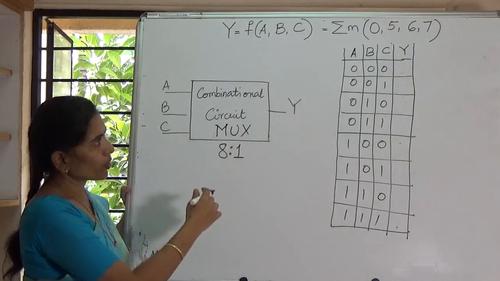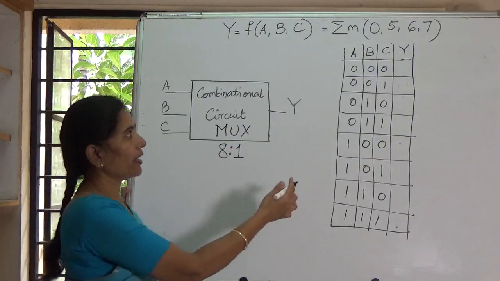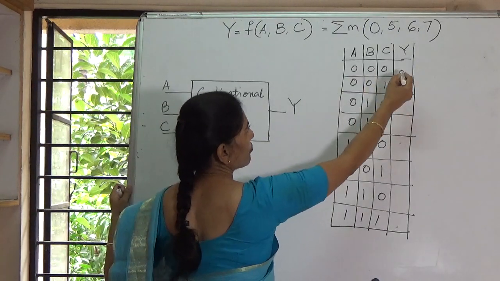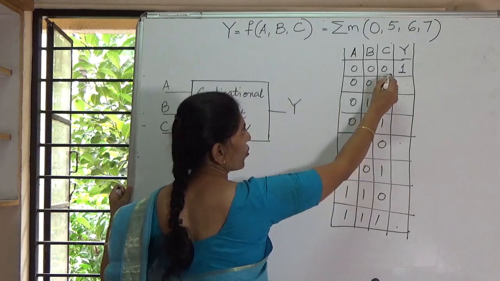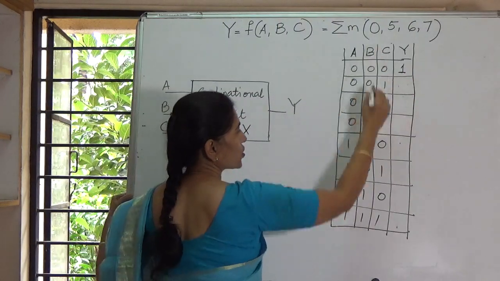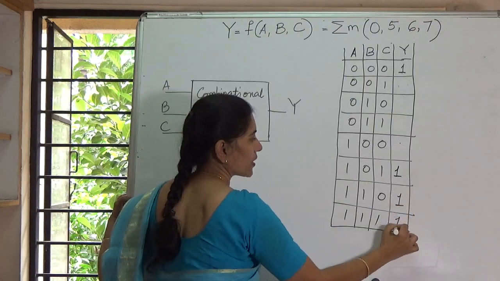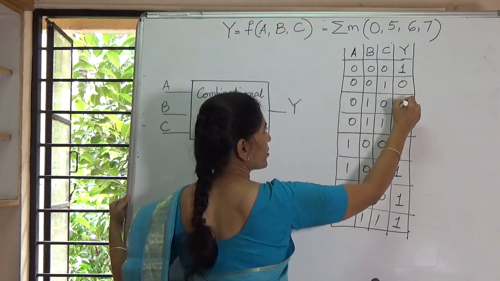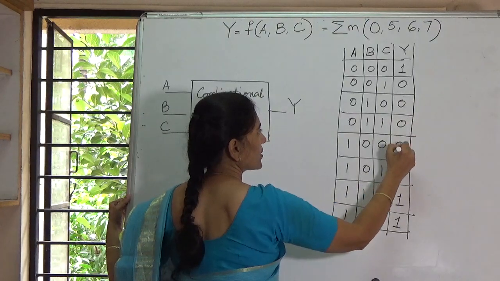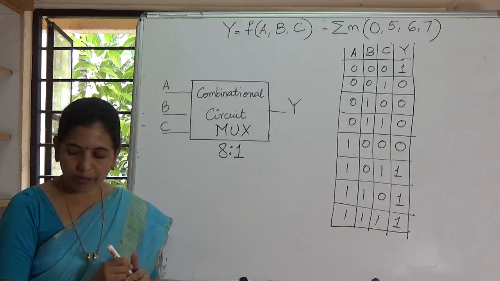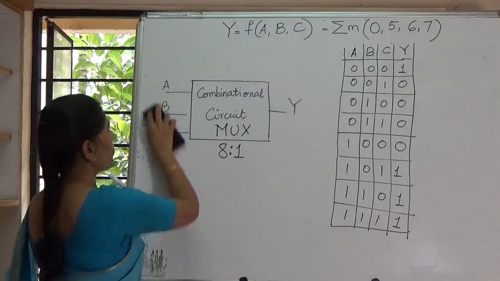But let us first write the truth table and put the ones for the combinations. Output Y is 1 for the 0, 0, 0 combination of the inputs. It is 1 for 5, for 6 and for 7. For the rest of the combinations, the output Y is a 0. So we will be implementing this combinational circuit using an 8:1 mux.